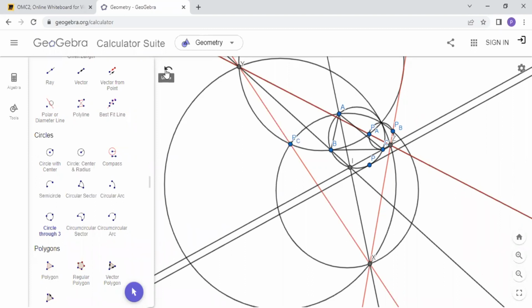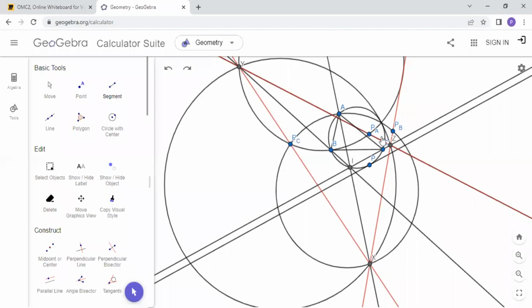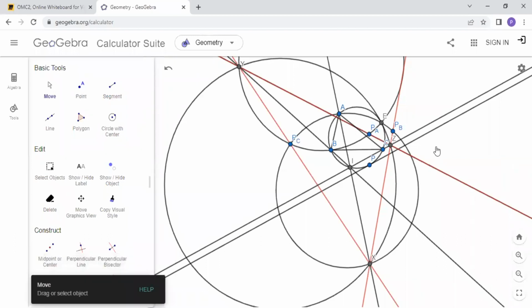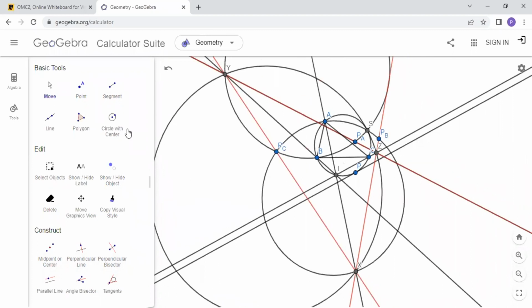We don't know it yet, we just want to prove it. So if we define the intersection of the first and second circle to be some point S, we want to prove that S lies on the circumcircle of ABC. Can we do that?